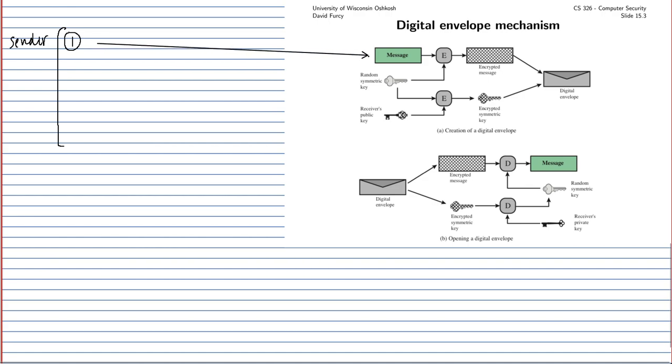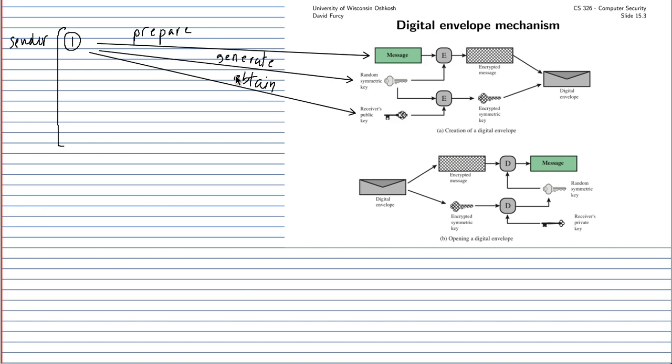First, the sender is going to prepare the message that they want to send to the receiver. Then the sender is going to generate a random sequence of bits to be used as a symmetric key. And finally, in the setup step, the sender is going to obtain the public key of the receiver, presumably through a public key certificate.